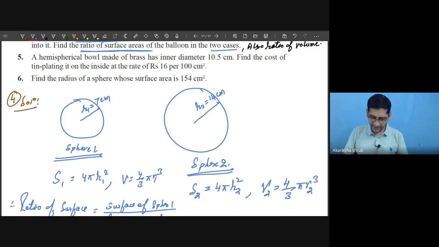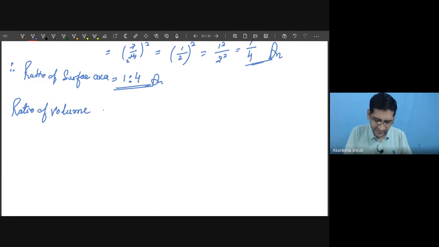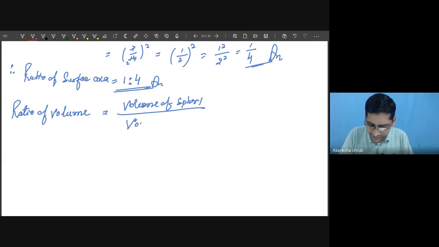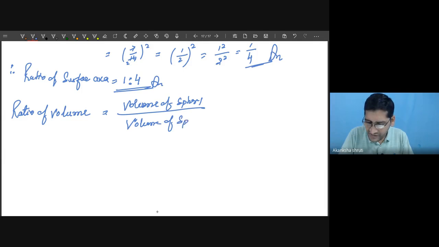Let us calculate the ratio of their volume also: the volume of sphere 1 by the volume of sphere 2.